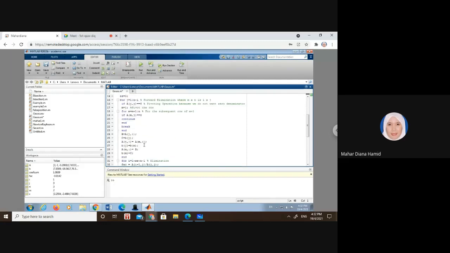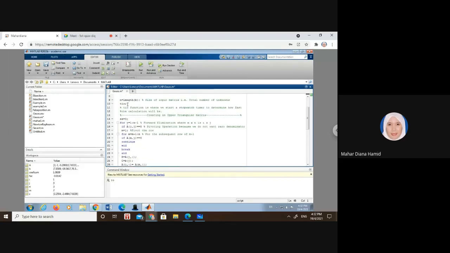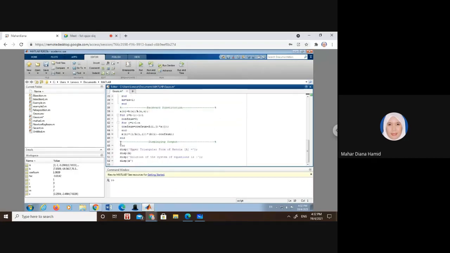So this is when we introduce the function, and then TOC is where we are going to stop the timer. And then line number 49 is where we are going to show the upper triangular form of the matrix, and also to display the value of A and the solution of the equation as X.